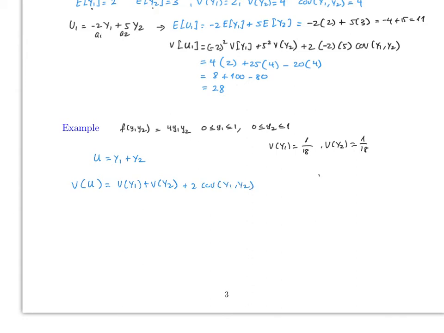But if you remember, y1 was independent of y2, so that means the covariance between y1 and y2 was equal to 0. So this disappears. This will be just the variance of y1, which was 1 over 18, then the variance of y2, which is also 1 over 18. So it will be 2 18ths, which is equal to 1 over 9. Well, let's try another example.